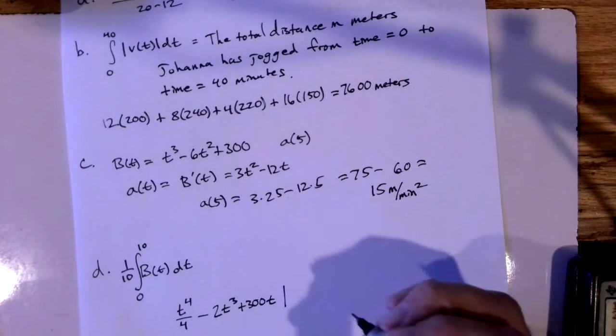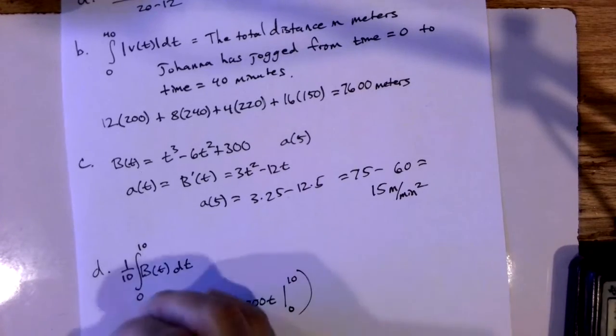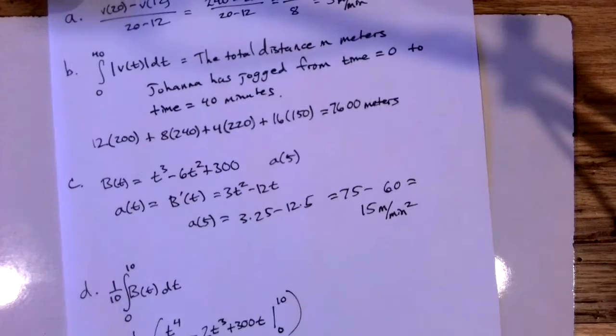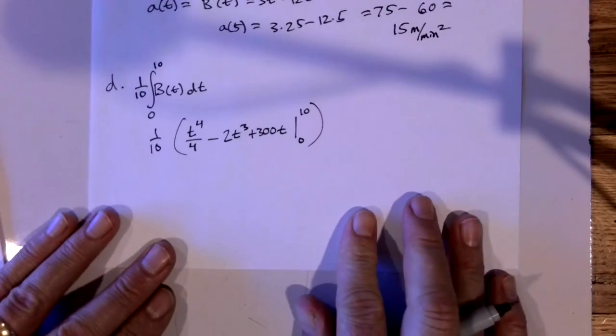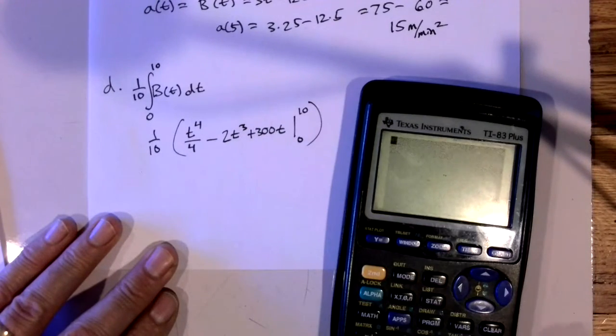We're going to evaluate that at 10 and at 0, and we're going to take that whole thing and multiply it by a 10th. So they love to see your work, so please make sure that you're extending your work all the way through here. And especially for the sake of time, I'm going to plug that 10 in there.